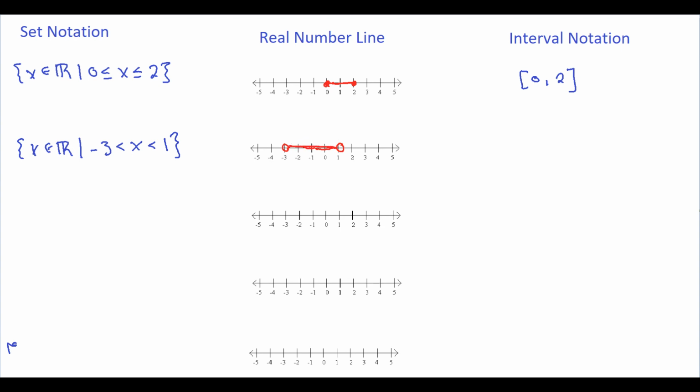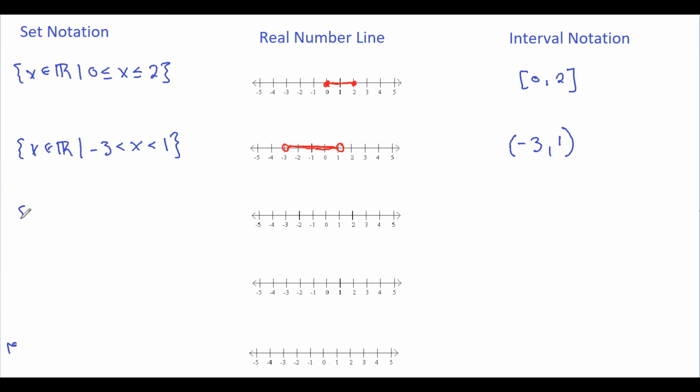So again, that's a visual representation of that set. And then in interval notation, to not include the endpoints, we use, whoops, I got those backwards. To not include the endpoints, you use open parentheses. So from -3 to 1, and you use parentheses instead of brackets.